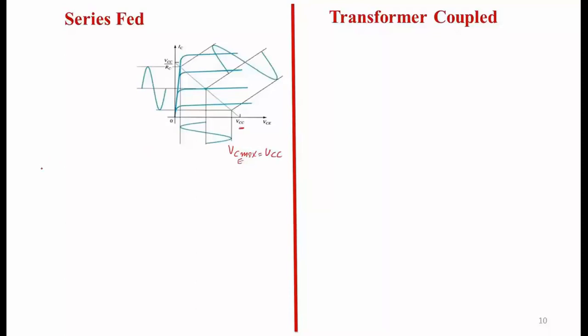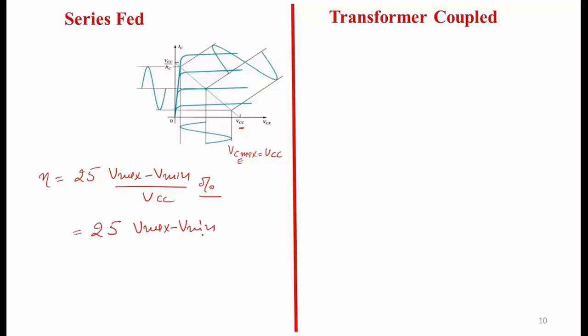So, we know that the general expression of maximum efficiency is eta equal to 25 (Vmax minus V minimum) divided by VCC percentage. So here we can put VCC equal to V maximum, that is equal to 25 (V maximum minus V minimum) divided by V maximum.